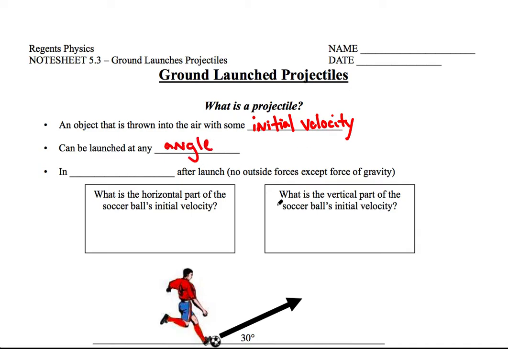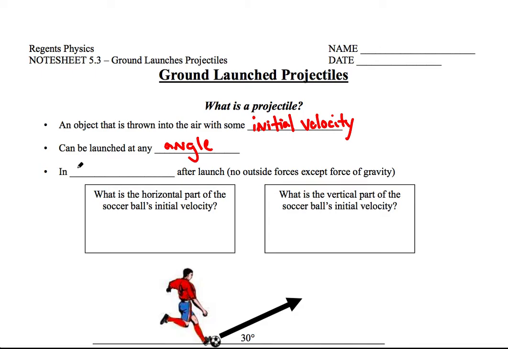So up until this point, we've been talking about when objects are thrown horizontally. So the angle would be 0 to the horizontal, or you could say it's 90 degrees to the perpendicular. But the point of this is that we have enough math background that we can handle it at any angle.